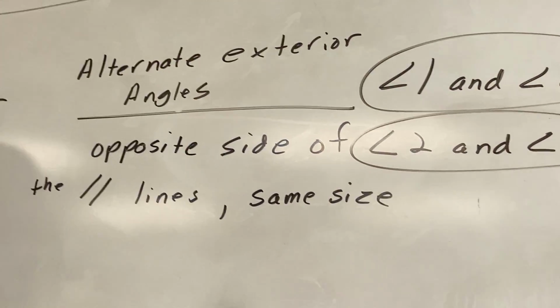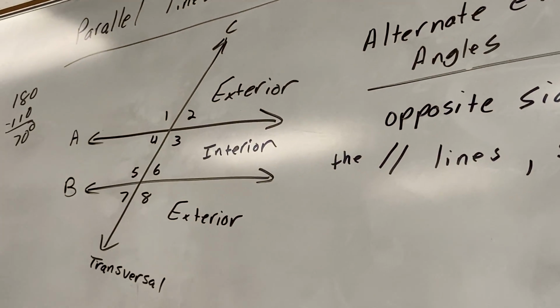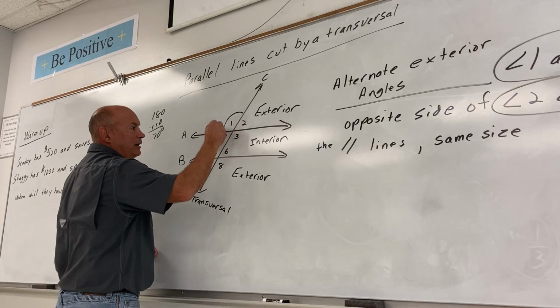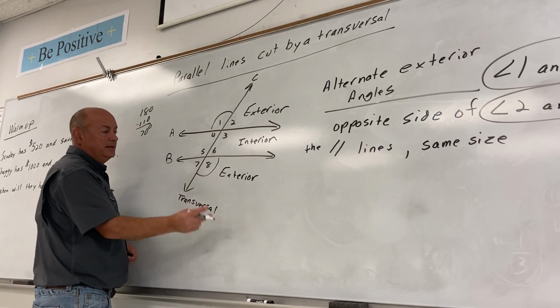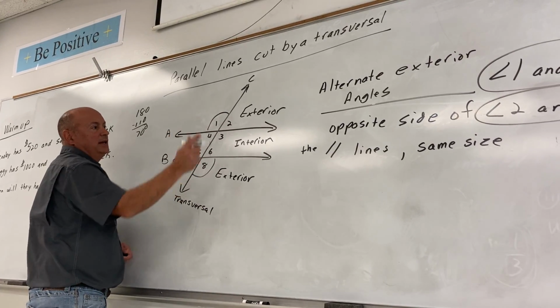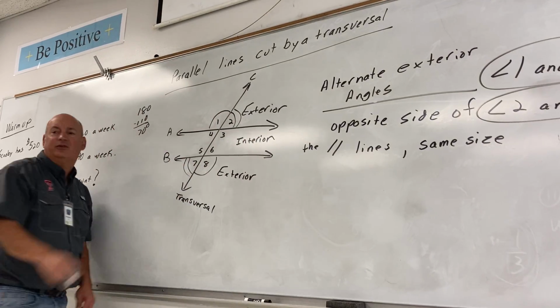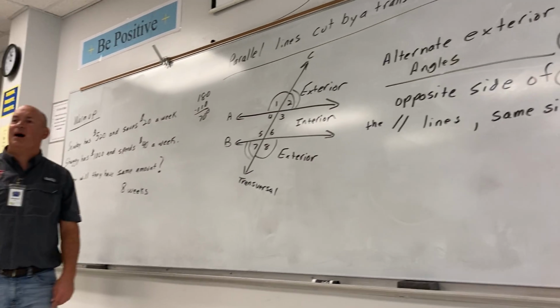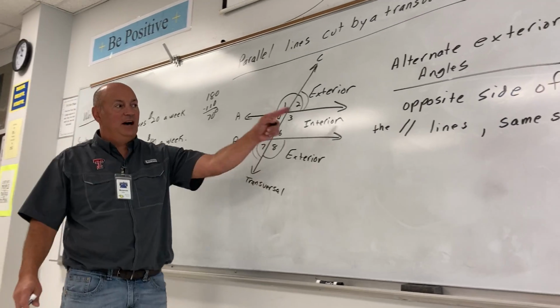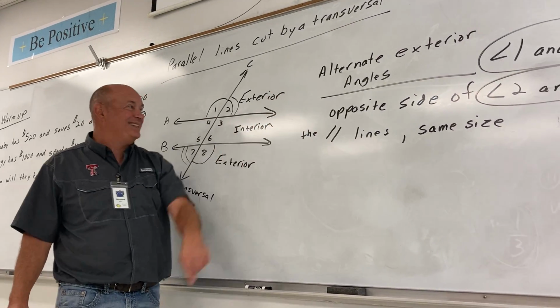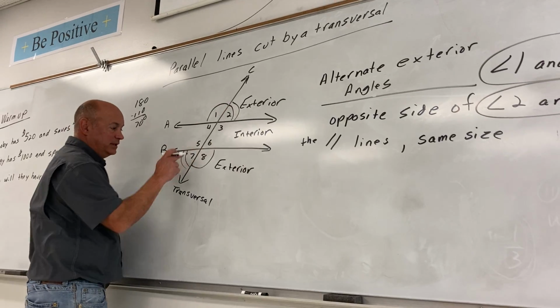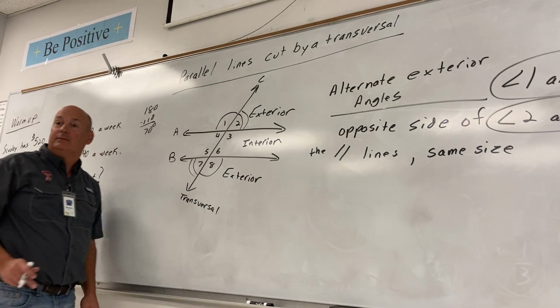Any questions on alternate exterior? I'll kind of highlight them. Angle 1, angle 8, those are exterior alternate. Angle 2, I'm going to put 2 lines. Angle 7, I'm going to put 2 lines. Those are the opposite sides of the parallel lines, and they are the exact same size. Little one, big one, big one.